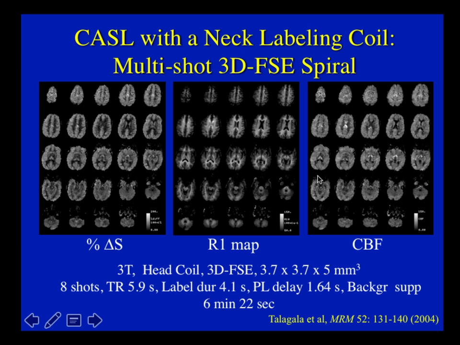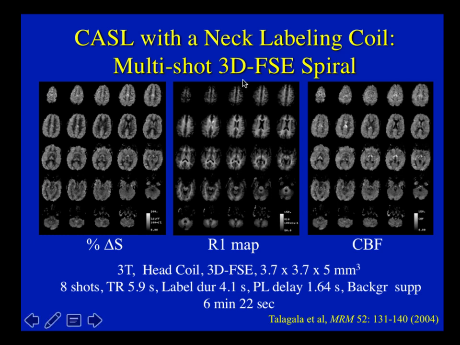On the extreme right, we see the quantified CBF using the formulas, or slightly different formulas than what I showed earlier, but similar. So in these CBF maps, you can now directly measure the CBF in milliliters per minute per gram.